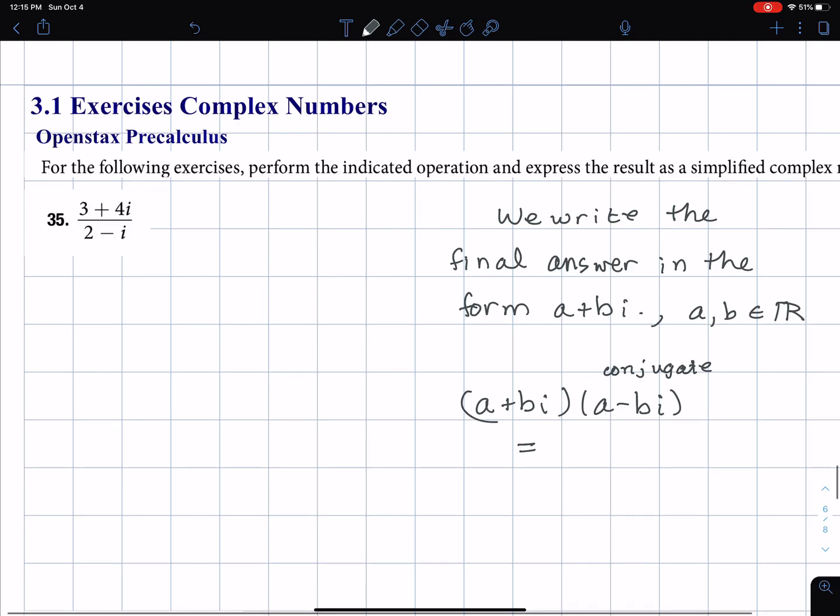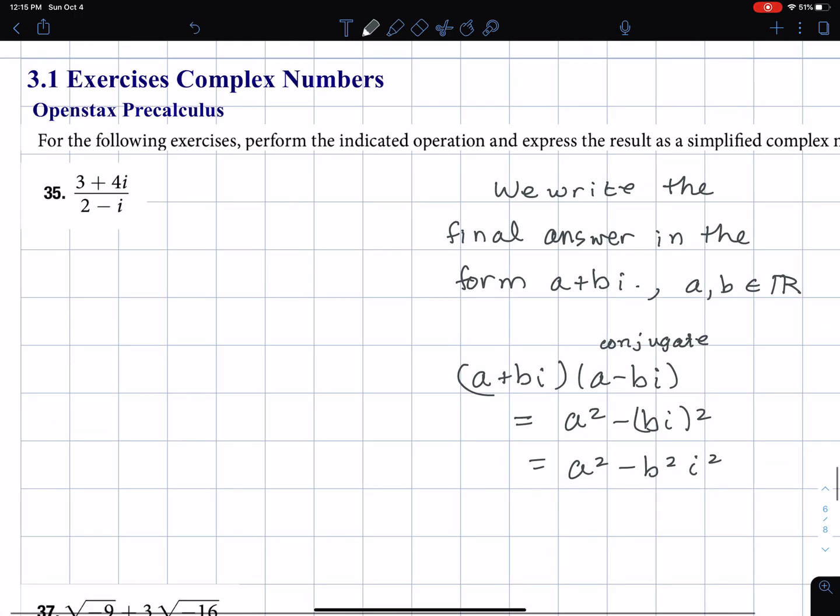I have a plus bi times a minus bi, and that gives a squared minus (bi) squared. That gives a squared minus b squared i squared. We're going to use here that i squared is equal to -1. And that leads us to a squared plus b squared.